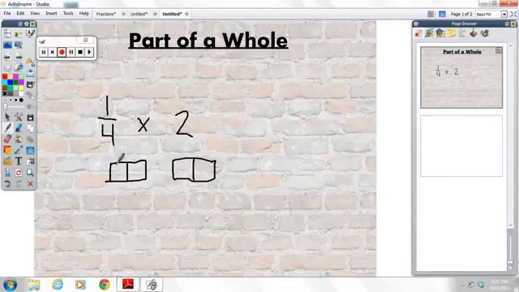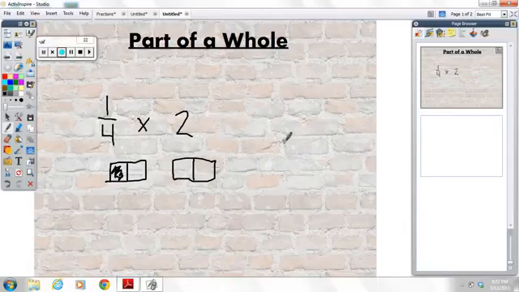Okay? The question is, what's 1/4 of 2? Well, from the 4 boxes that I created from the 2 boxes, in order to find 1/4, I would shade one of these boxes in, because this would represent 1 out of the 4 boxes that I made.